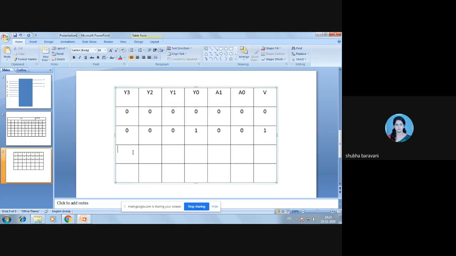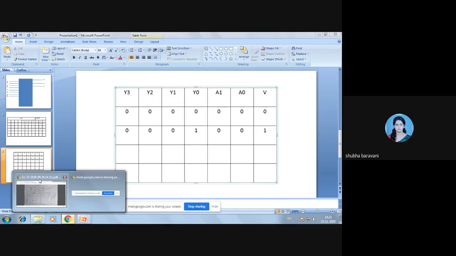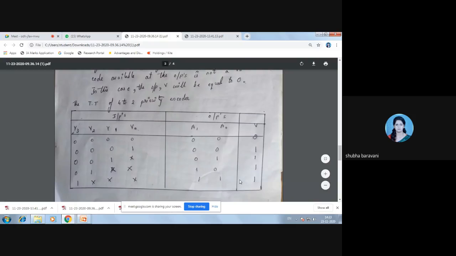Was it clear up till here? Yes, ma'am. Okay. Right, just analyze this. All of you analyze this, what it is.